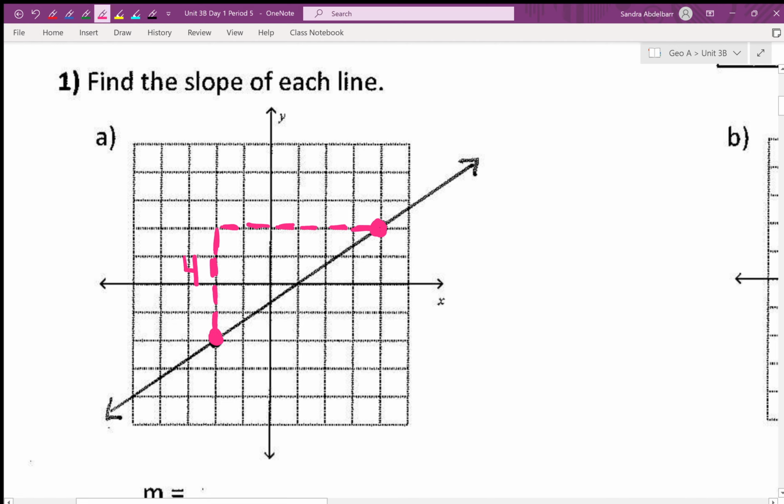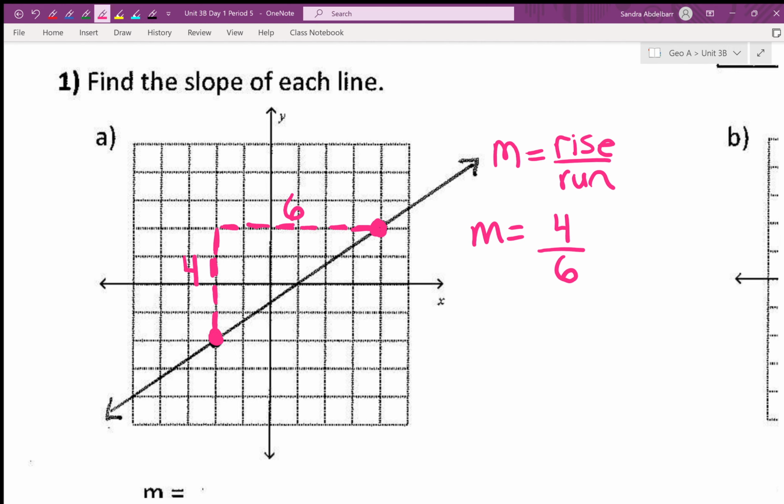Since I went to the right, is that a positive 6 or a negative 6? Positive 6. So my slope, lowercase m, rise over run, for this line: my rise is 4, my run is 6. But because slope is represented like a fraction, what must you do to all fractions? Simplify. So my slope is 2/3.